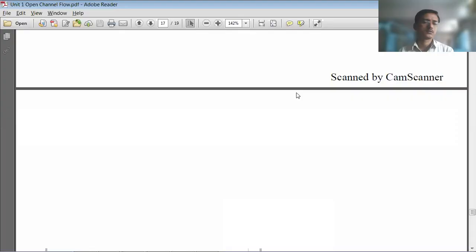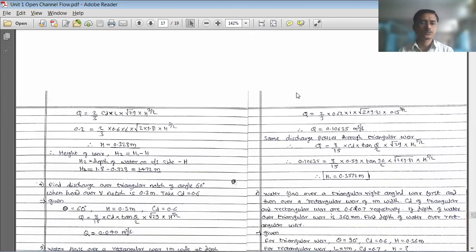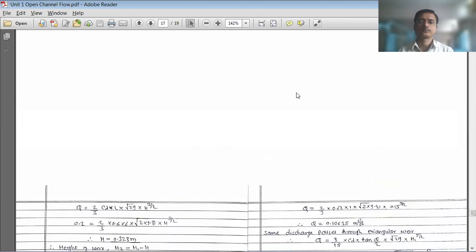H2 is equal to 1.472 ऋतुजा. Let me check it. H2 is equal to 1.47. Correct. We have got the correct answer.